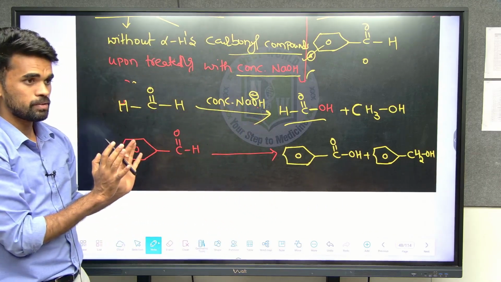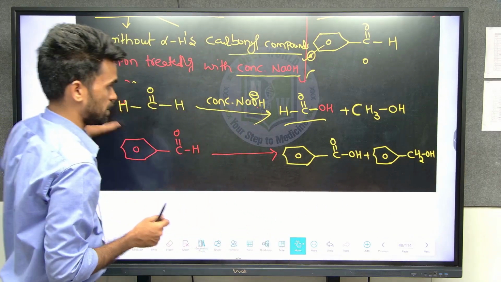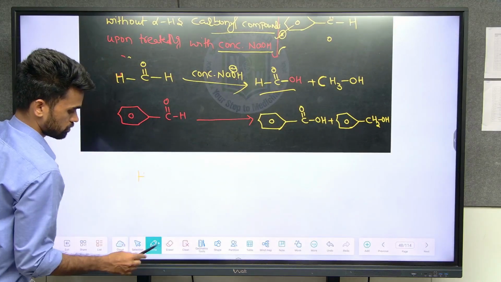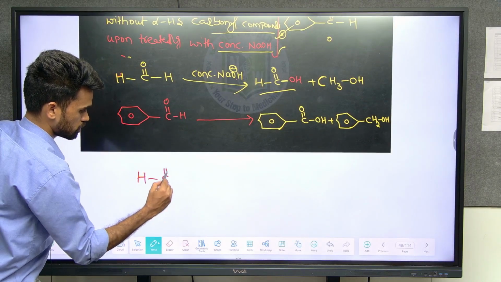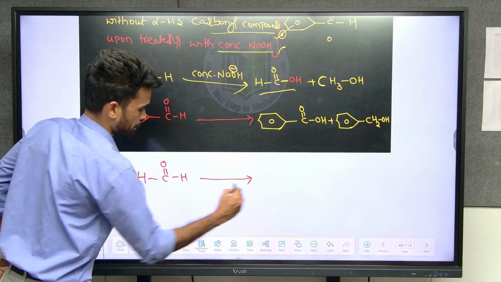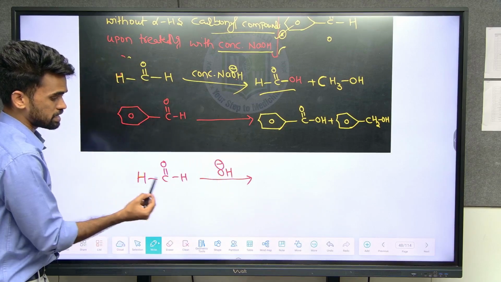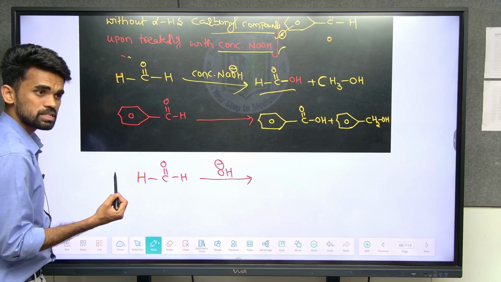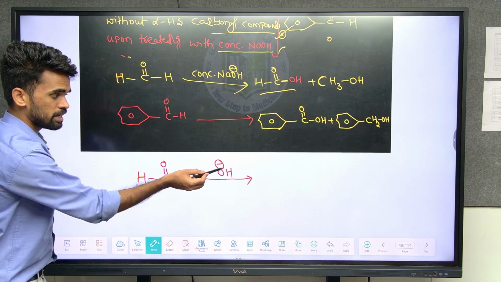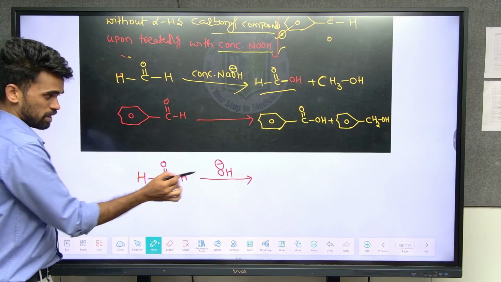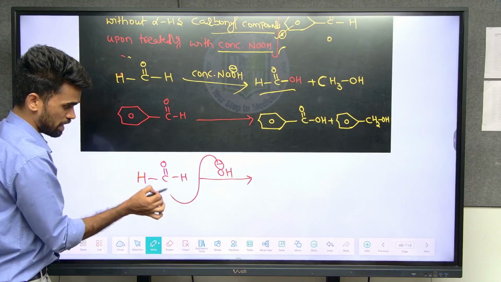Clear everyone? Okay. Now look at this mechanism also. OH minus. See, do we have any acidic proton in the given compound? Are any alpha hydrogens there? If alpha hydrogens are there, this OH minus reacts with that alpha hydrogen and gives you the aldol product. But there is no alpha hydrogen, so now it will attack here.